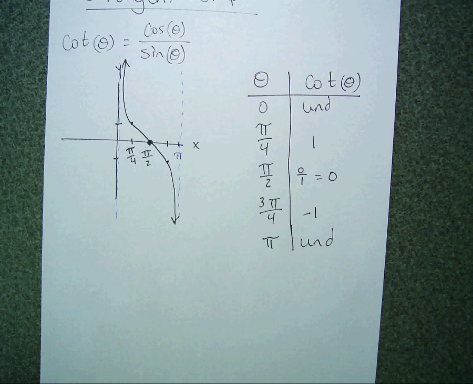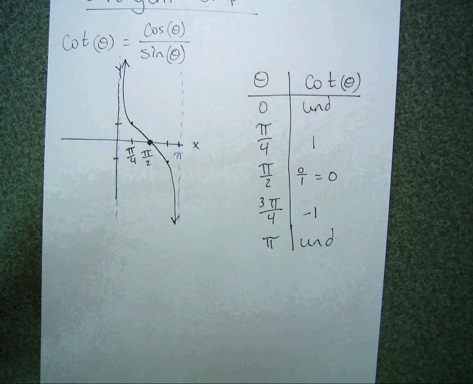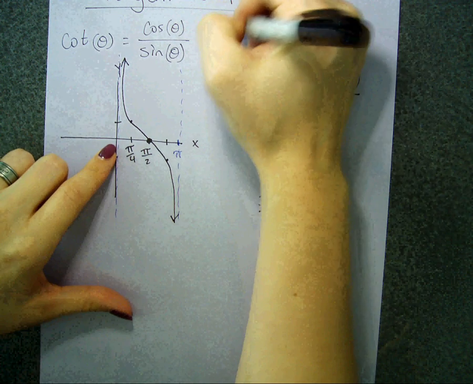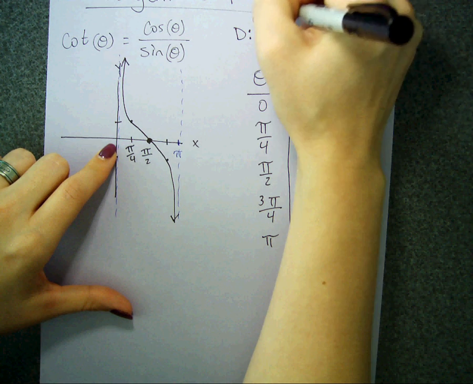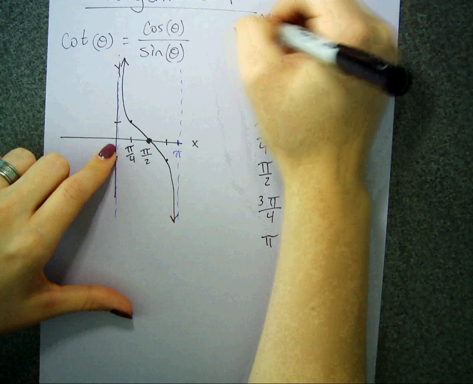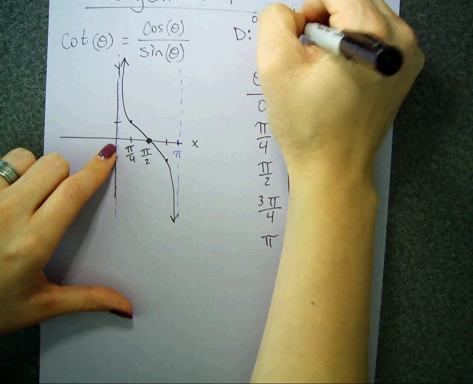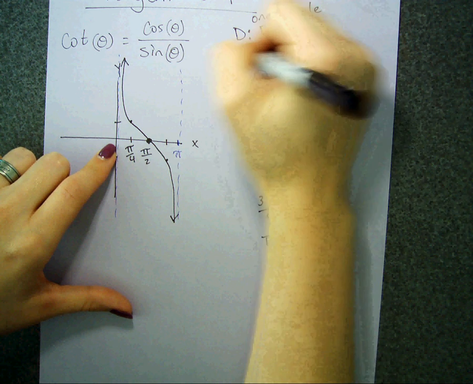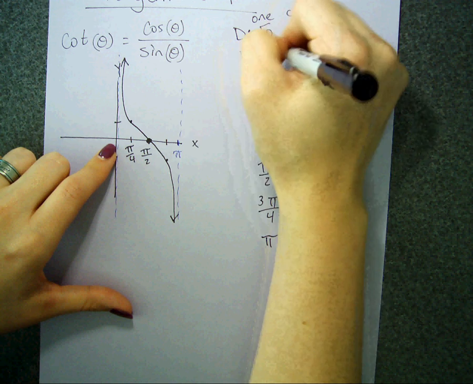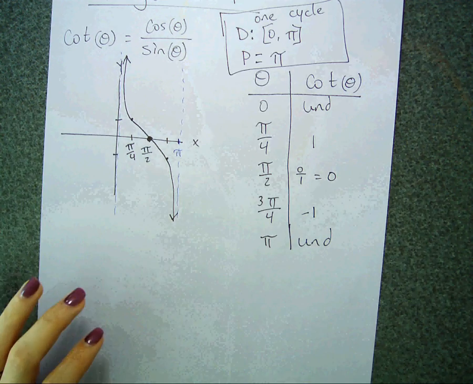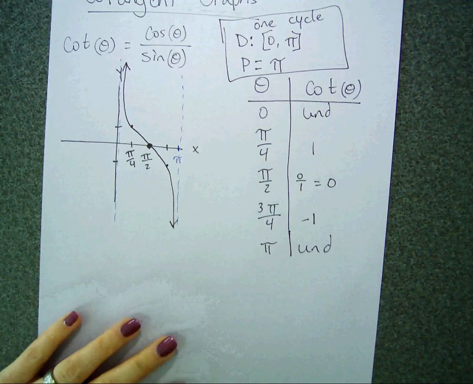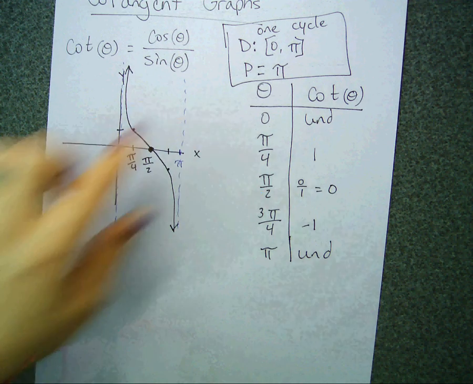Okay? So with cotangent, we're going from 0 to pi. This is one cycle, the domain goes from 0 to pi, and my period is pi. This is for one cycle of cotangent. My domain goes from 0 to pi, right? So my vertical asymptotes are at 0 and pi.